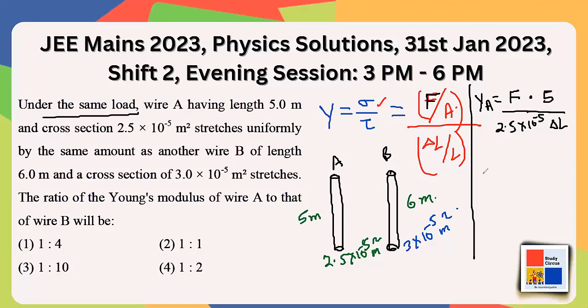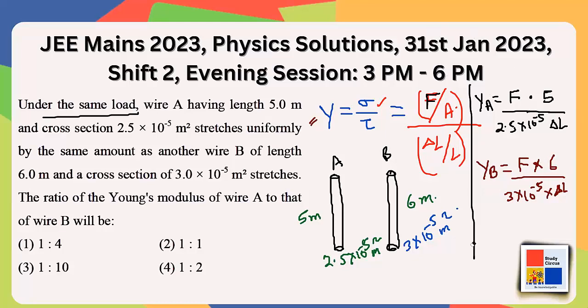Similarly, Young's modulus for B can be written as F upon the area of cross section, 3 into 10 to the power minus 5, and then upon delta L, L is 6. Same formula I'm using here. Now I have to find their ratio, YA upon YB.